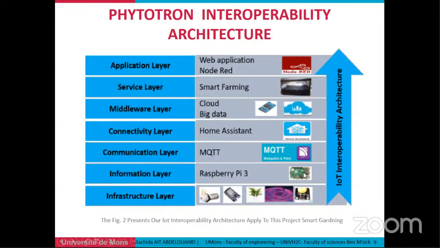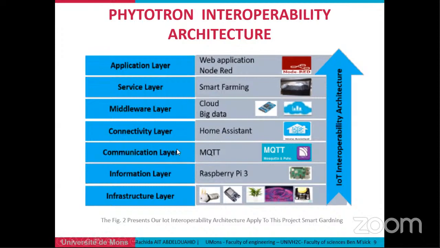So in the information layer, we have used a Raspberry Pi to collect the data from different actuators and sensors, and this Raspberry Pi is also used to install different connectivity platforms that I have presented, Open Hub or Home Assistant.